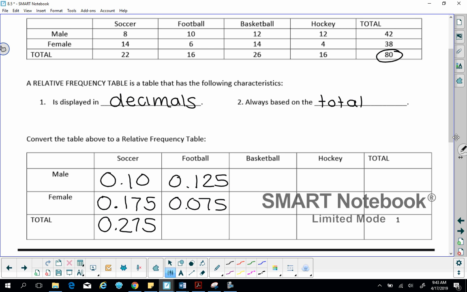They're just dividing every single number by 80. Carlos, what did you get for this last one right here? Just 0.2. Brandon, what did you get for this one? 0.15. Tanya, what did you get for the next one? Good. Or you can put just 0.175. Allison, what did you get for the next one?